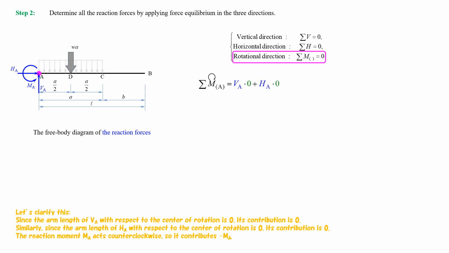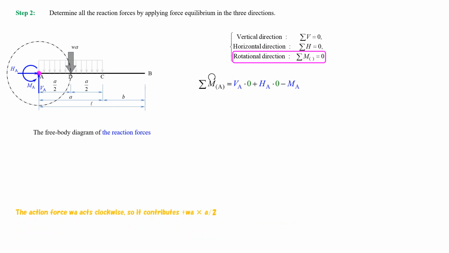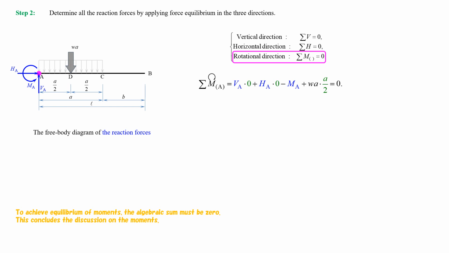The reaction moment MA acts counterclockwise, so it contributes minus MA. The action force, W multiplied by A, acts clockwise, so it contributes plus W multiplied by A, and multiplied by 1/2 of A. To achieve equilibrium of moments, the algebraic sum must be 0. This concludes the discussion on the moments.